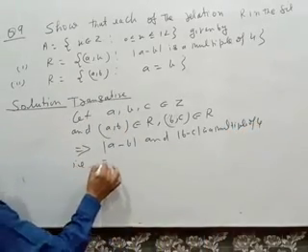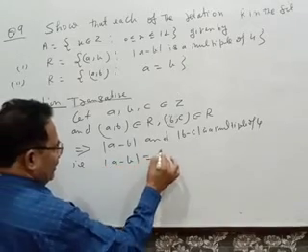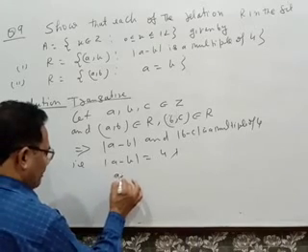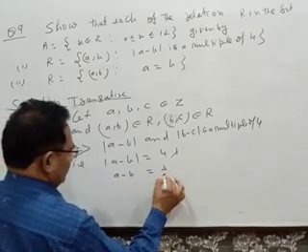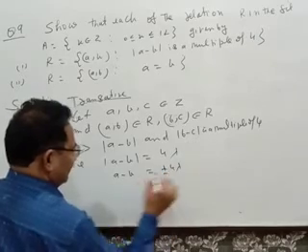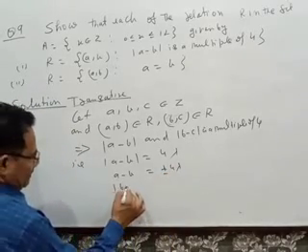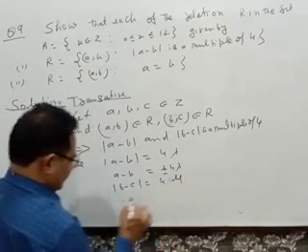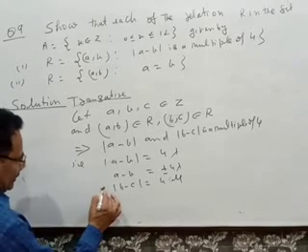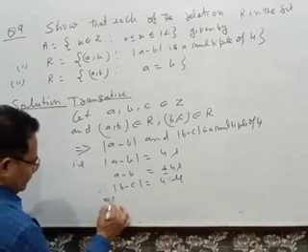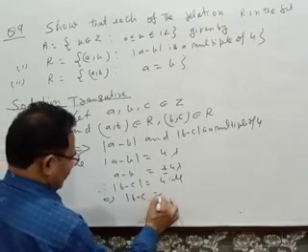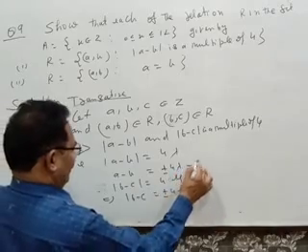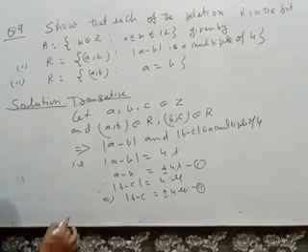That is, mod a minus b is equal to say 4 lambda, and a minus b is equal to plus minus 4 lambda. Mod b minus c is equal to 4 mu. Now this implies that b minus c is equal to plus minus 4 mu. That is equation first, that is equation second.